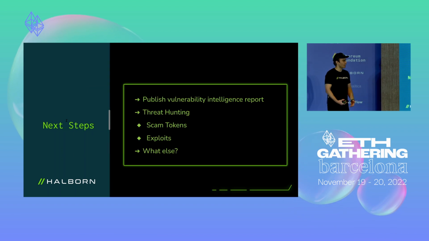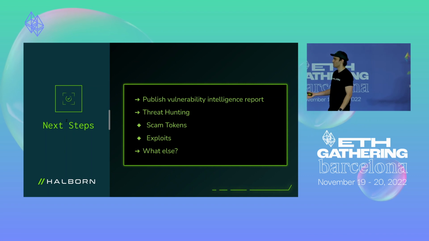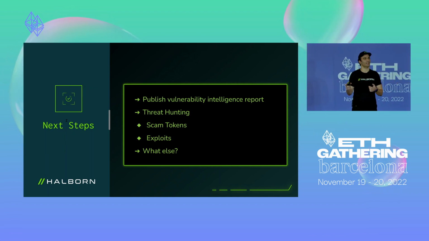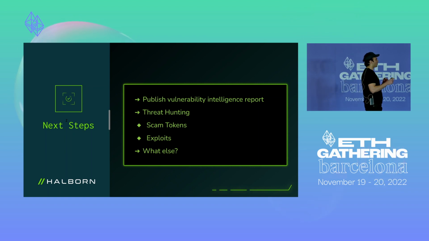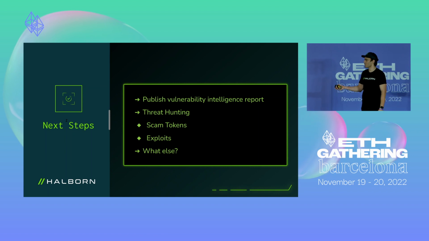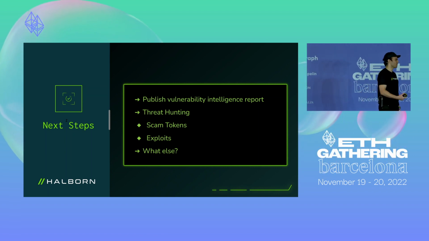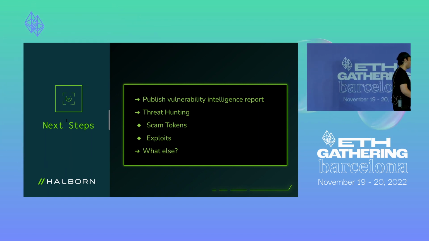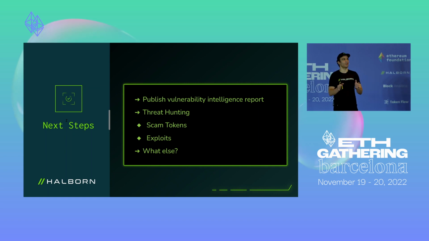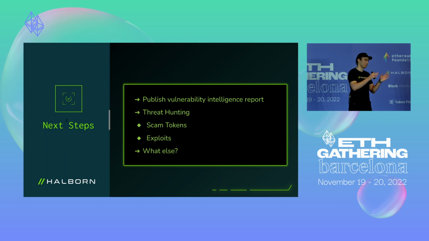So what we can do next, actually, we are planning at Halborn to publish a vulnerability intelligence report, where we'll have some charts and say, okay, the most common mistake among Solidity developers is this one. And also we're going to do some threat hunting where we can find scam tokens and exploits. Because at a certain point, if you're trying to exploit a platform or a protocol, you will somehow need to deploy a malicious contract that interacts with the other contract.